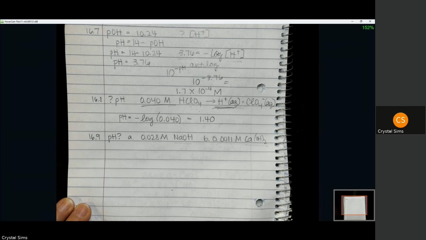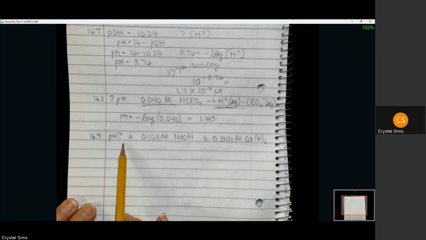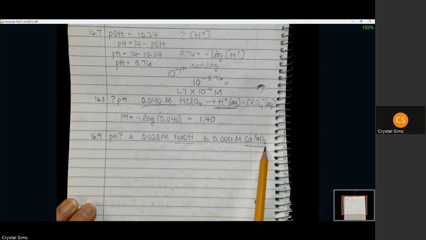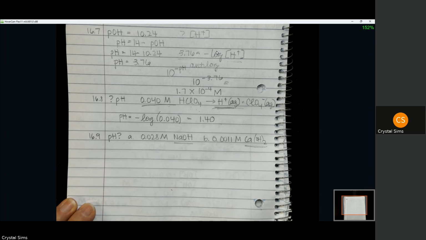So when we look at the pH for these 2, are they strong bases? Well, on page 685, you have a list of strong bases. They are the ionic hydroxide of your alkali metals.